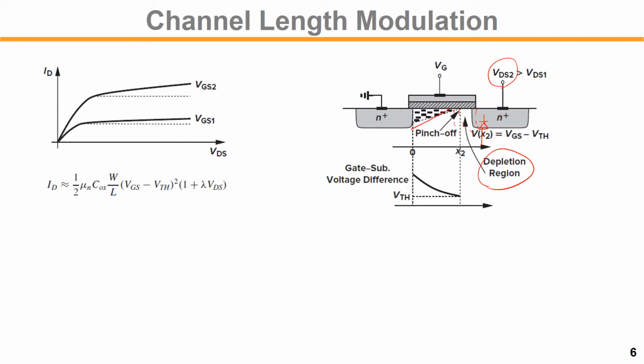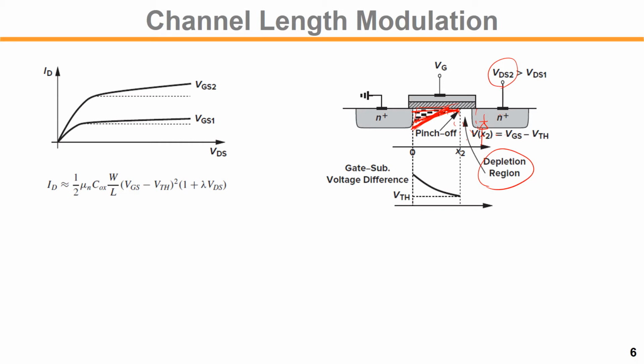The actual channel length, this pinch off point, moves around, and the amount of current density and also the slope of this creates a diffusion current.